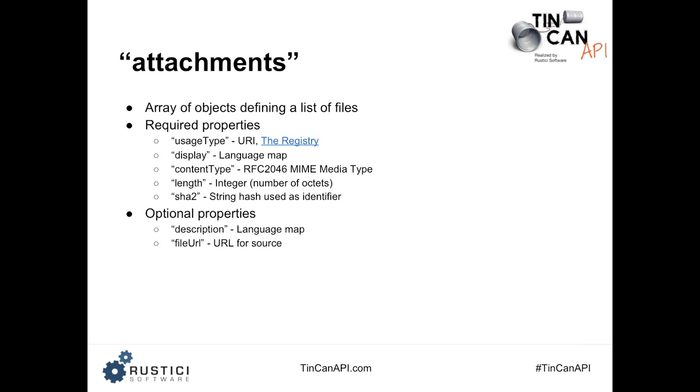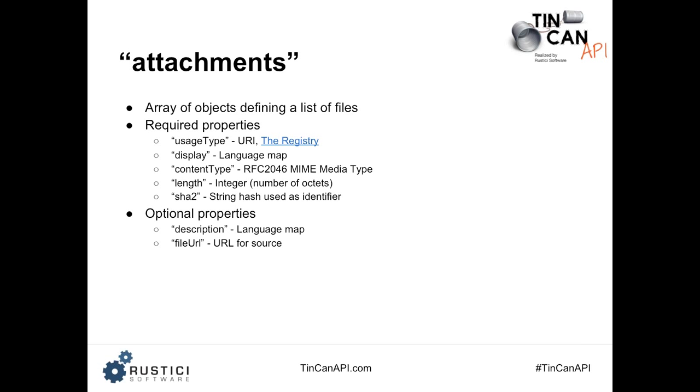The display takes a language map, so similar to the verb display property, an attachment itself will have a display. The attachment will have a content type, so this is a MIME media type. So if an attachment is a PDF or an image, or it could be text plain, we need to pass that content type along with the actual attachment body. The length, which is an integer, a number of octets, tells us the size of that attachment.